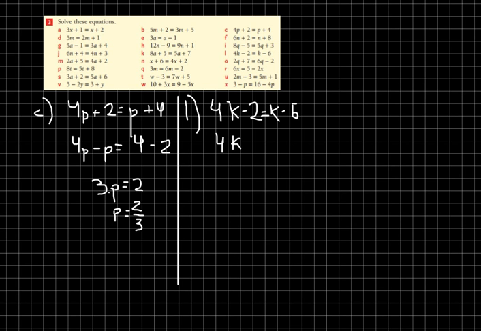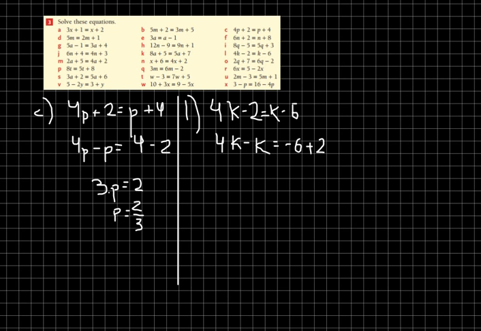But this k is on the other side and must go to the other side. And since it's positive, it goes to the other side as negative. Now, what is going to happen with this minus 6? Since it's here and it doesn't have to move, it won't change its sign. And the minus 2 shouldn't be there, so it must go to the other side from negative to positive.